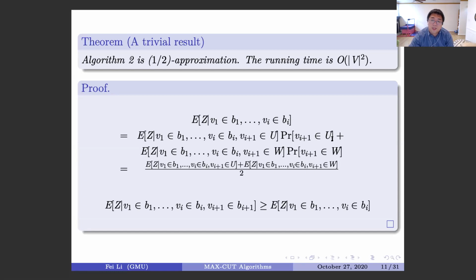And this will definitely be larger than the expected value whenever you choose half probability for the case that vertex Vi plus 1 is put into U and W. So this is the same performance as the polynomial time algorithm with the approximation ratio I have.